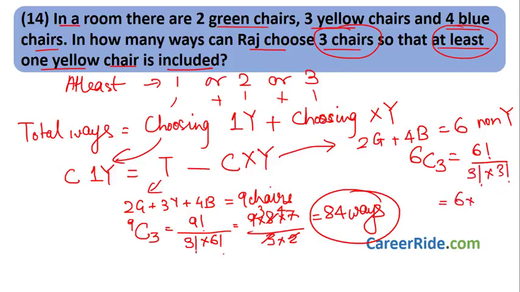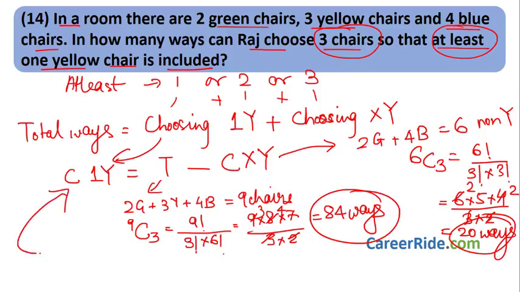That would be 6 into 5 into 4 upon 3 into 2, which is 20 ways. So in 20 ways we can choose non-yellow chairs. So the total number of ways in which we can choose at least one yellow chair is total ways minus ways for choosing no yellow chair. 64 ways is the answer.